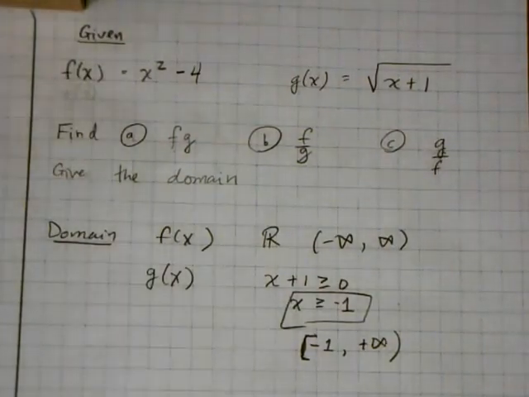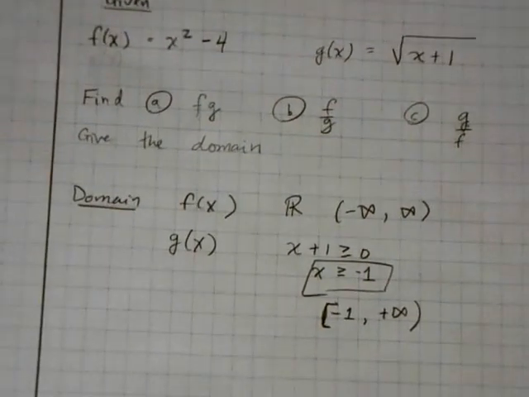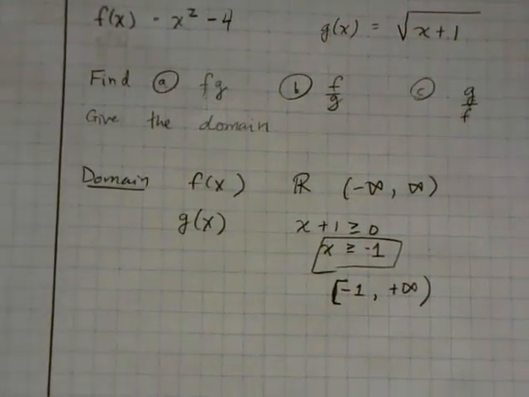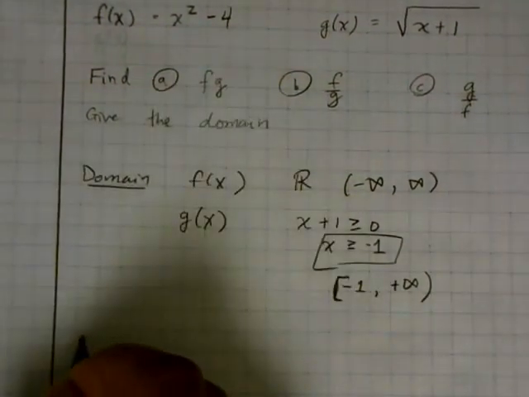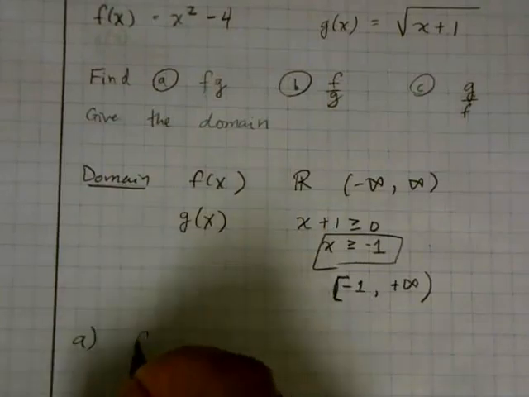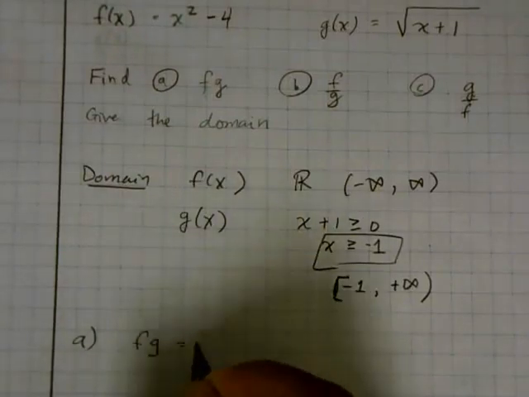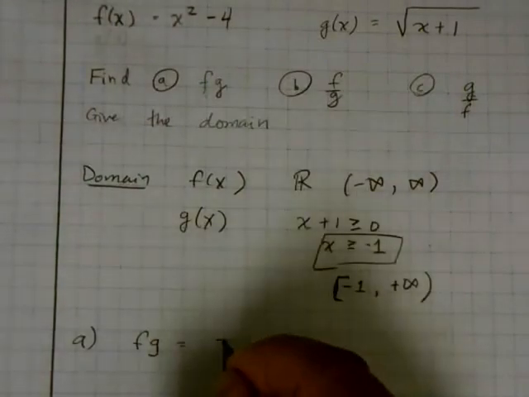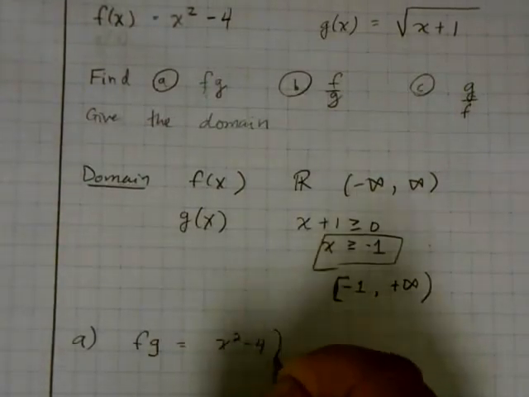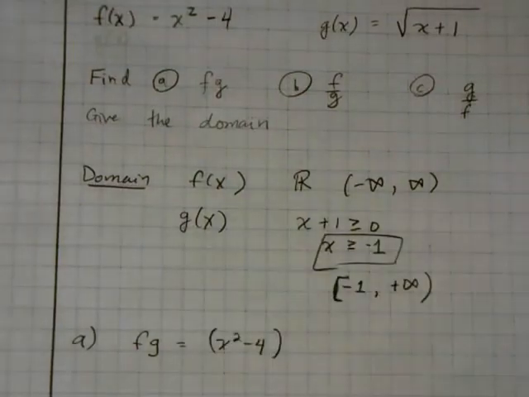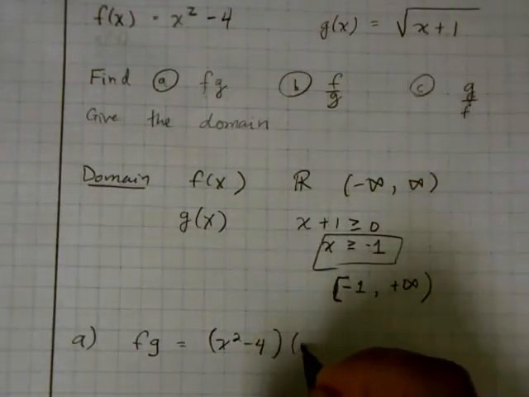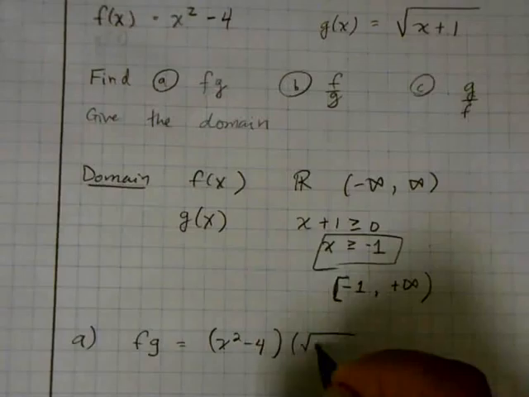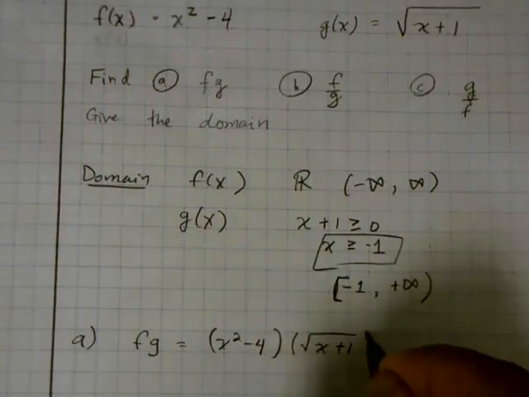And so let's just walk through these function operations. So now I have part A here, f of x times g of x, and what that means is I just literally write it out. F of x is x squared minus 4, and I have to write out the entire function, and then g of x is the square root of x plus 1.